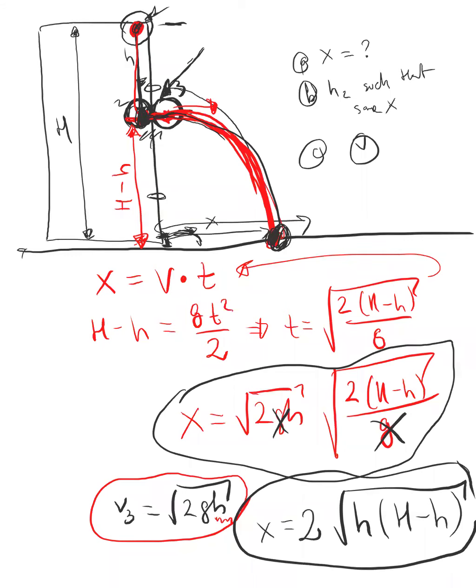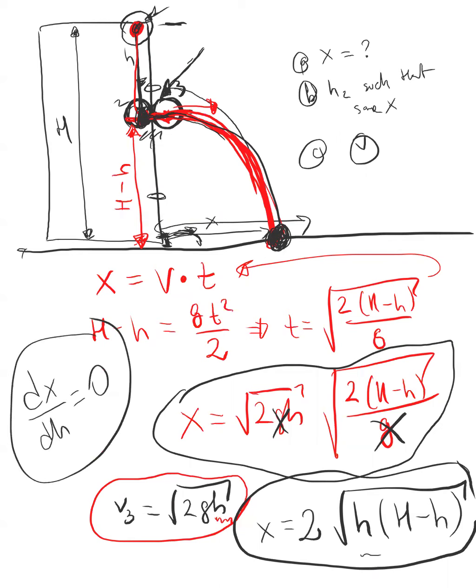And if you know your calculus well, then you know exactly what to do when you have a function and they ask you to find its maximum: you take a derivative and you equate your derivative to 0. So dx dh equal to 0 is the equation that you want to solve. Okay, I will stop here.